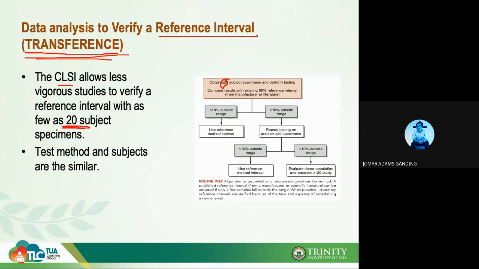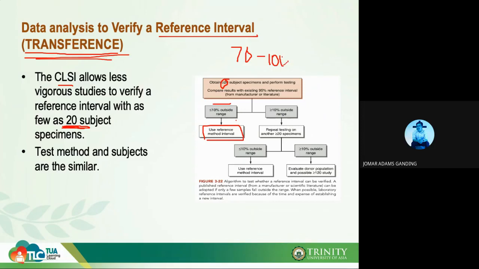So here's the thing, okay? If less than 10% of the 20 samples that you had was outside the range, meaning to say abnormal, then you can automatically use the reference interval that you had. So take for example, I was testing if 70 to 100 is applicable to the Filipino living in Mindanao.